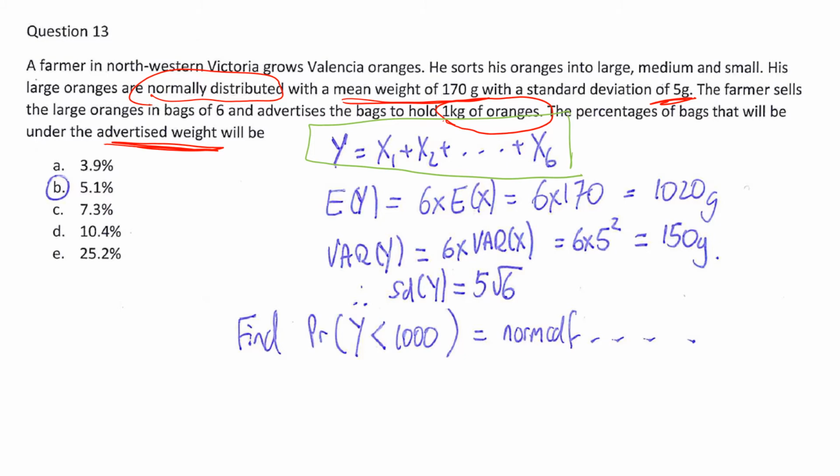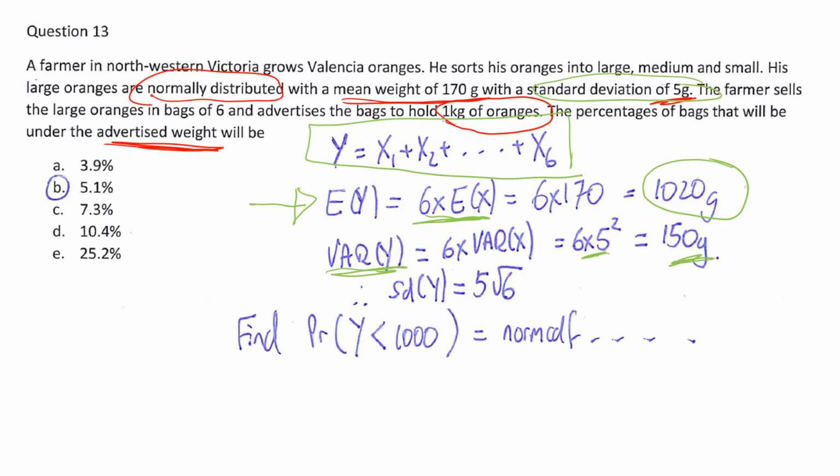So the expected weight of our 6 oranges is in fact 6 times our expected value of X, which turns out to be 1,020 grams. But the calculation of the variance is in fact 6 times the variance of X, which is 6 times 5 squared, because we're told that the standard deviation was 5 grams, which is 150 grams.